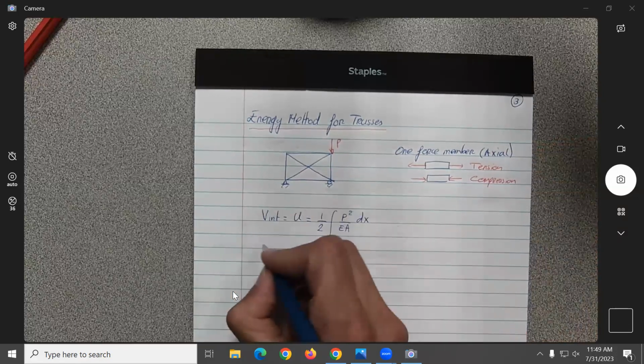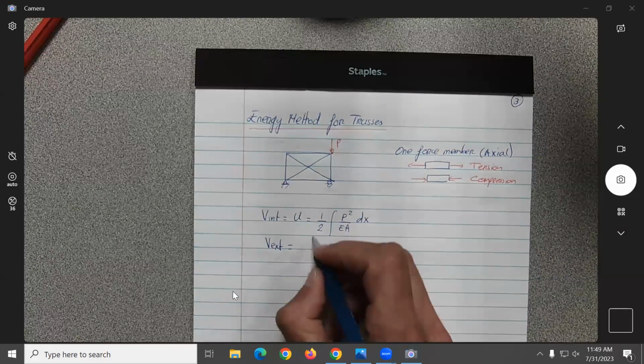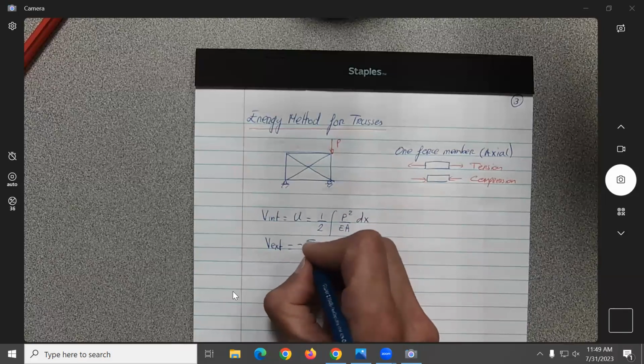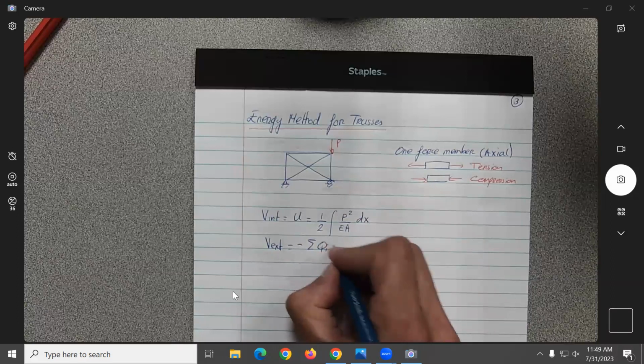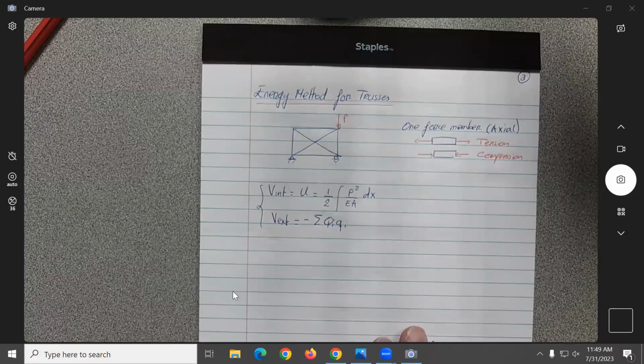And we also define that the work done by the external forces, in this case P, will be equal to minus the summation of Q sub I, uppercase Q, lowercase q.